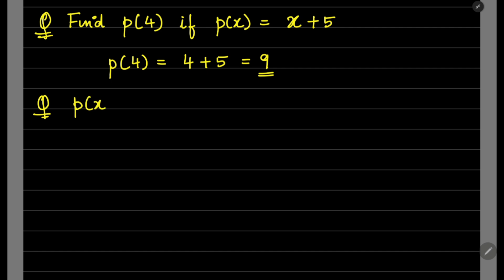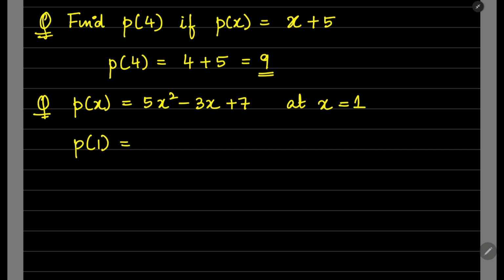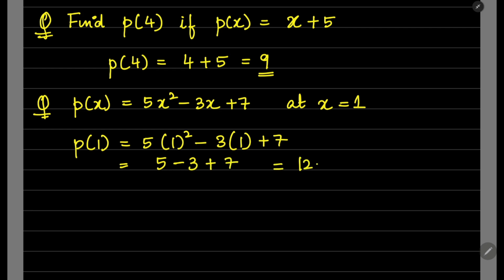Another question. Find the value of p of x, if p of x is given as 5x square minus 3x plus 7, at x equal to 1. So how will you do it? p of 1 is the value of the polynomial at x equal to 1. 5 into 1 square minus 3 into 1 plus 7, which is nothing but 5 minus 3 plus 7. 5 plus 7 is 12, minus 3, it's nothing but 9.